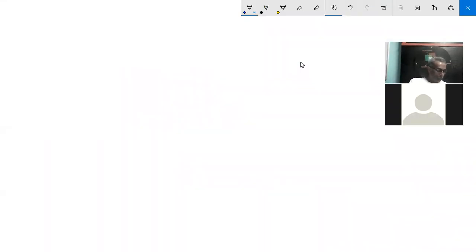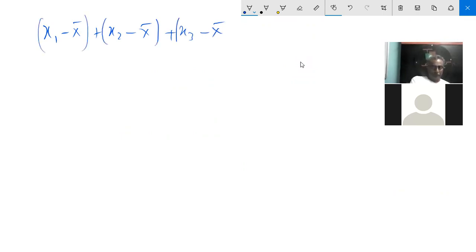Fifth sum. The algebraic sum of the deviations of a set of n values, x1 minus x bar plus x2 minus x bar plus x3 minus x bar, all that, is equal to how much?